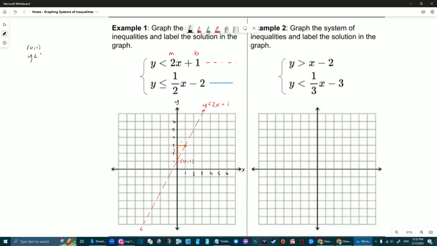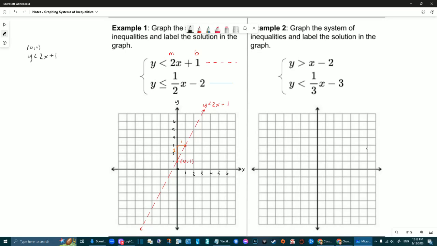So for y less than 2x plus 1, what I'm doing is I'm checking, is this test point on the graph true or false? If it's true, I'm going to shade towards the true area. If it's false, I'm going to shade away from the false area. Because remember, we're trying to indicate where the true points are.